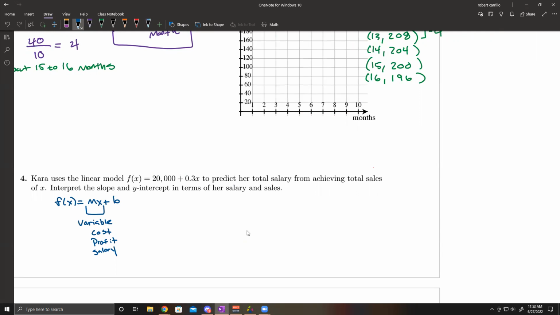That's why it's a variable, right? Okay. And B is your fixed cost. It's the number that won't change at all. So this is your fixed cost, or maybe your fixed profit, your fixed salary. It all depends on the wording of the problem.